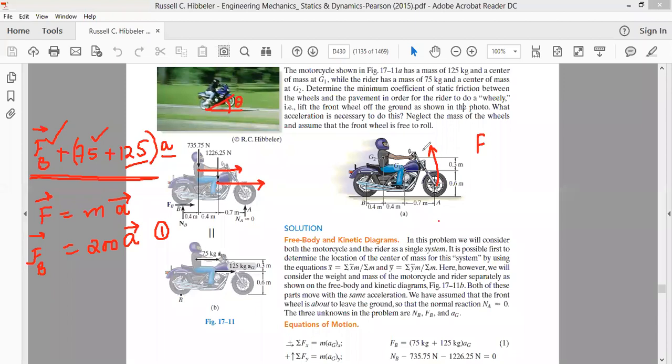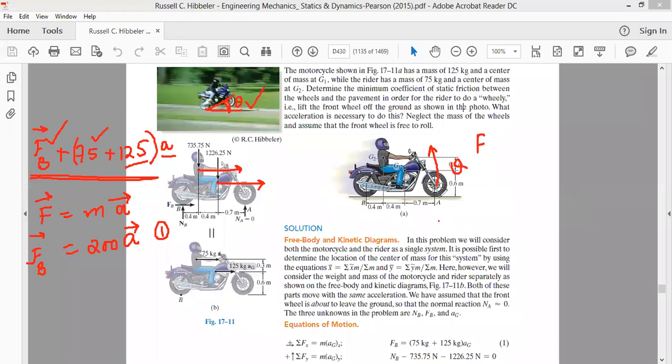So the wheelie is possible because some angular motion has been introduced. As the wheel moves up, it describes some angle with respect to the ground, and because of this angular motion we are able to perform the wheelie.